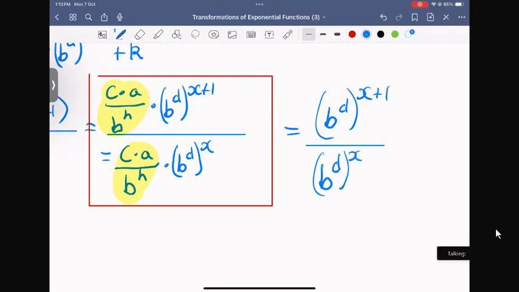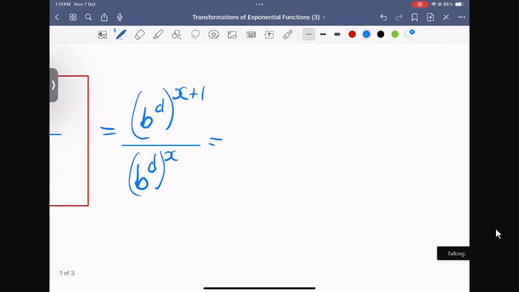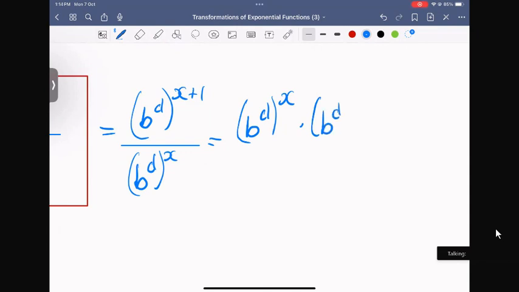Now, we can simplify this further using the laws of indices, using the exponent laws, sorry, b to the d to the x on the denominator.